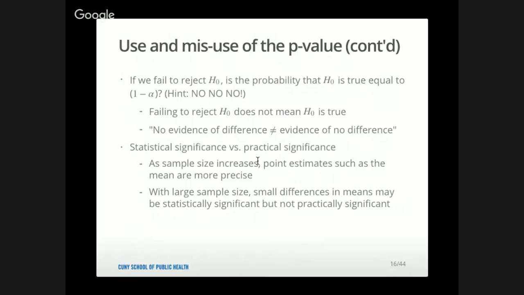Now, if you collect a relatively large sample size, you can detect very small differences in means. So you might have a drug that you have good evidence of its effectiveness, but it reduces cholesterol by 0.5 point, which would not be clinically significant.